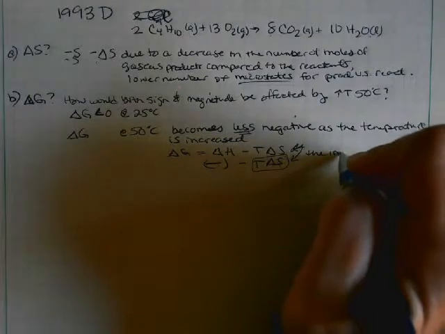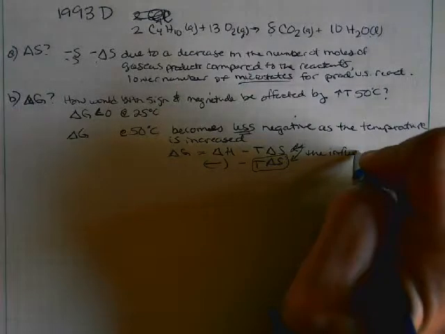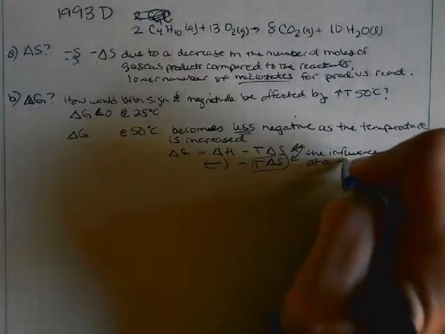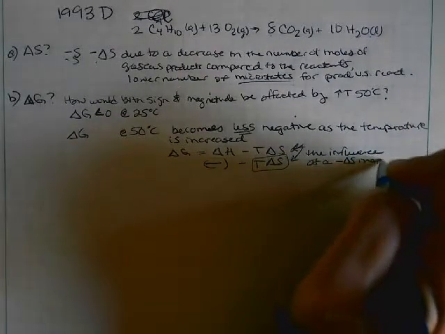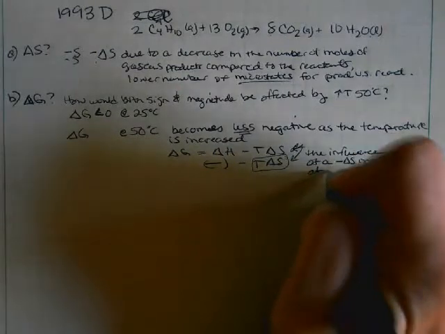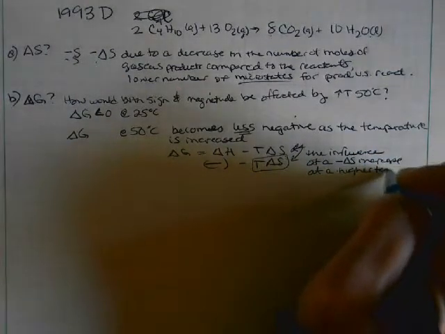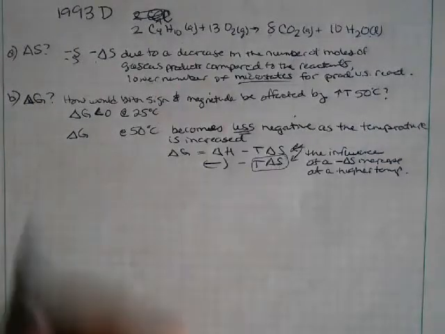The influence or magnitude or effect of a negative delta S increases at a higher temperature. There's lots of different ways to say it. Okay, I think that one's easy. So let's move on to C.